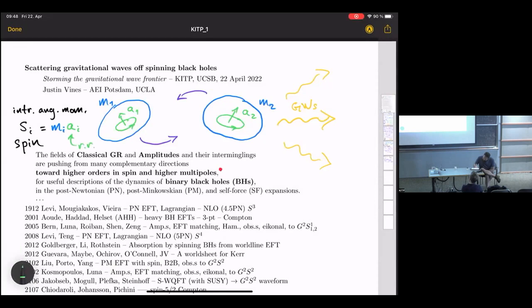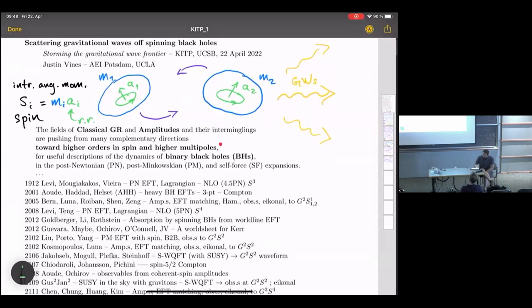The spin, intrinsic angular momentum divided by the mass, is in a very real sense, which I hope we'll also get to, the radius of the ring singularity, which is hidden behind the horizon of the black hole.